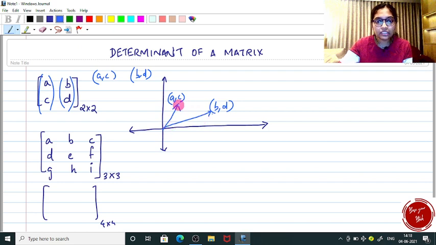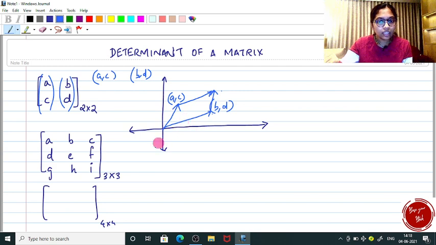If I complete this figure, just copying the sides to their opposites, I will get a figure, right? This is now a parallelogram. Now the determinant of this particular matrix means the area of the parallelogram.